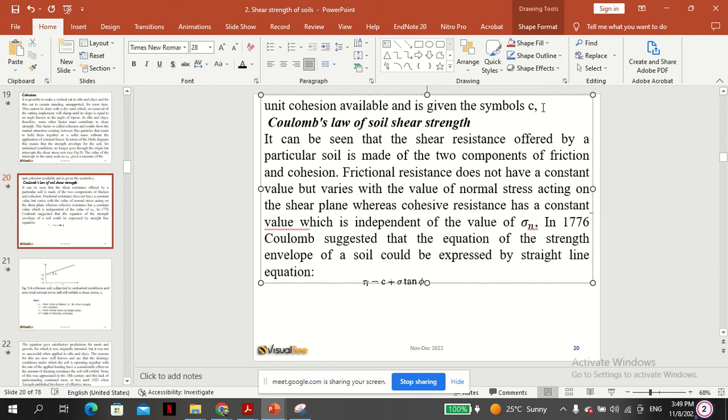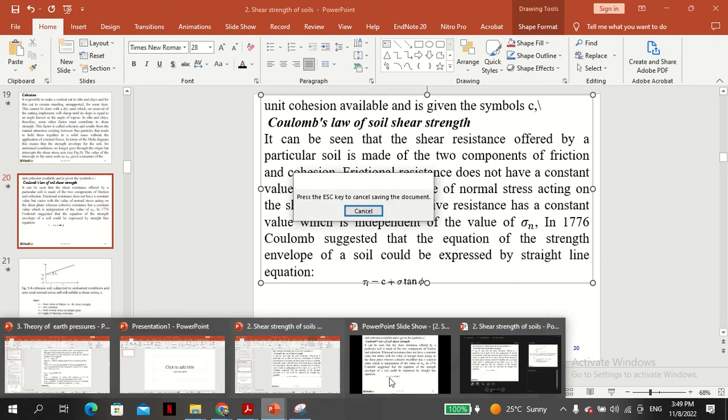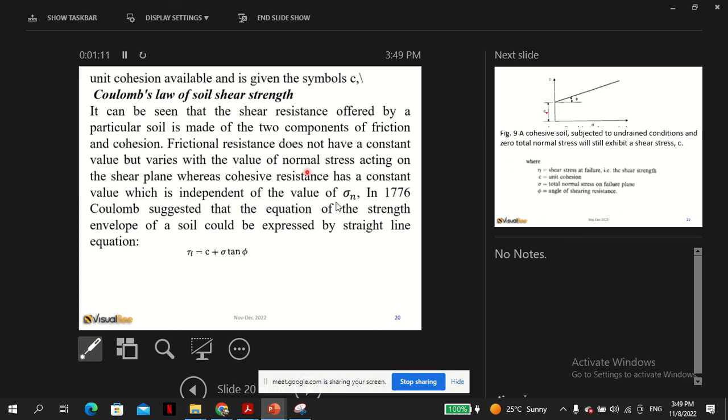So C. Then we go to what is called Coulomb's law of the soil's shear strength, which I think I've highlighted a bit of. Here it can be seen that the shear resistance offered by a particular soil is made of two components: friction and cohesion.